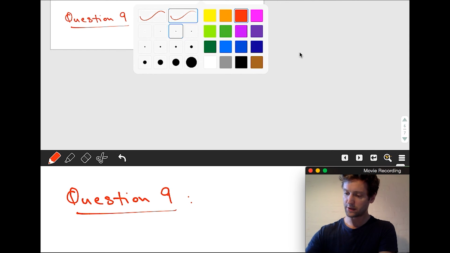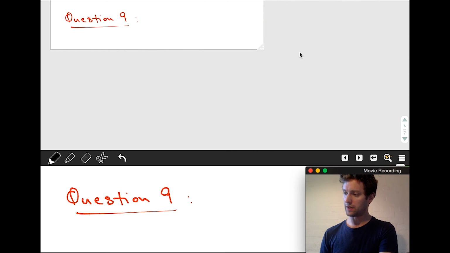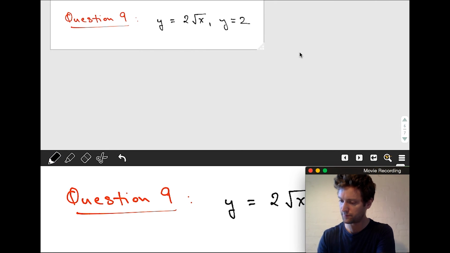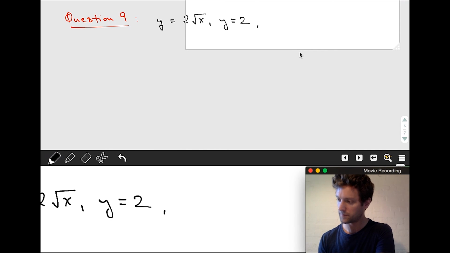So let's write down what the bounding curves are for the lamina. We're told it's bounded by y is equal to 2 root x, y is equal to 2, x is equal to 0, and x is equal to 1.